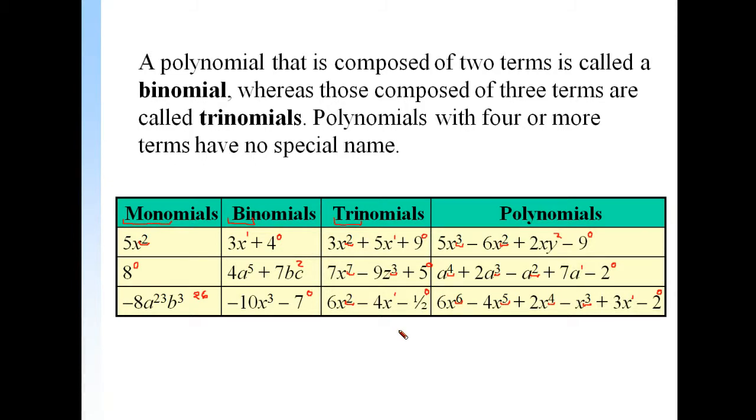By definition, the degree of the expression is the degree of the highest term. So we look here, this is going to be 20. This is going to be 26 because we had to add these together. The degree of this term was 26. So this as an expression is 26.